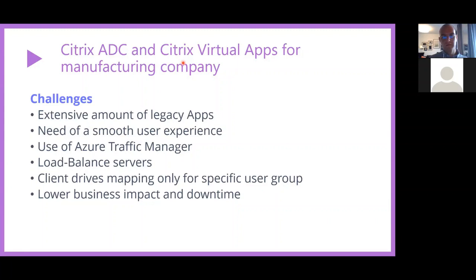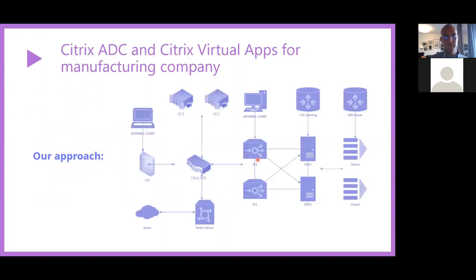For high availability, you will have a minimum of 2 virtual servers for the delivery controller roles and for storefronts as well. Let me go back to the slide. Here you can see there are 2 delivery controllers and 2 storefronts.